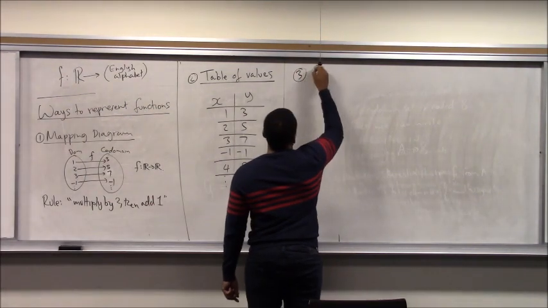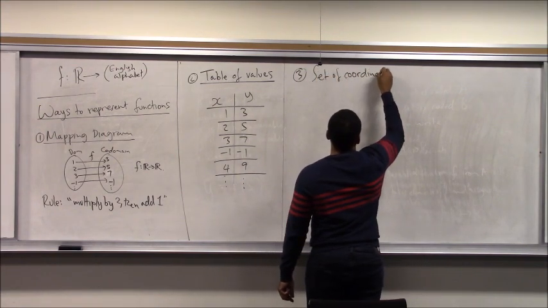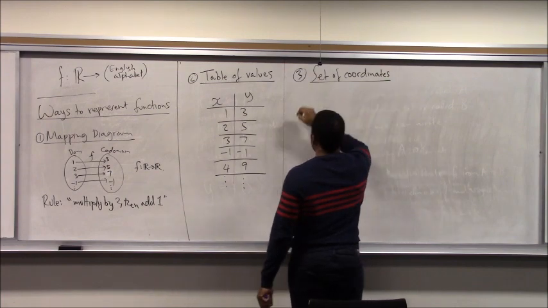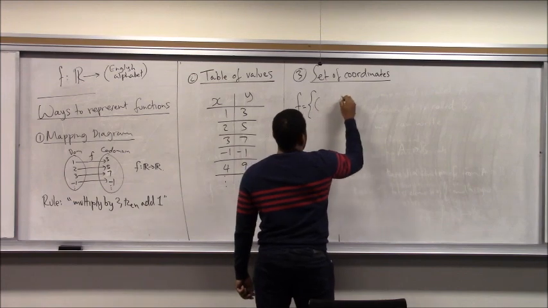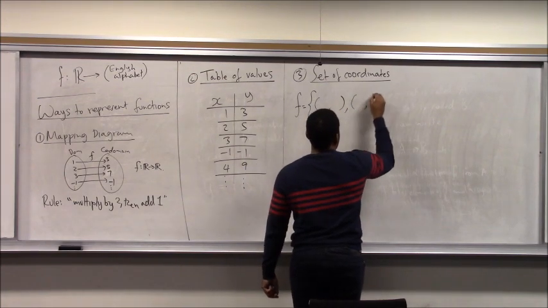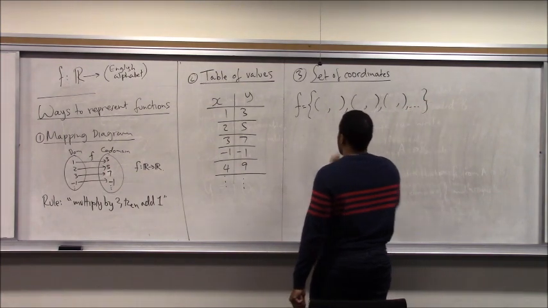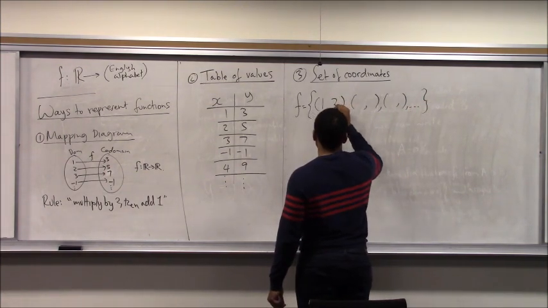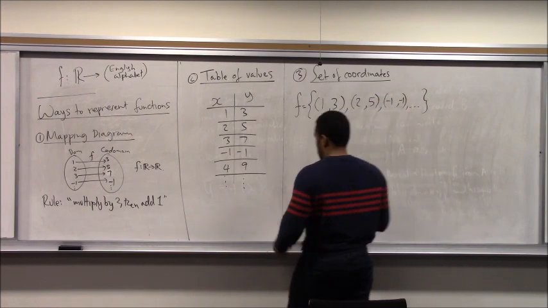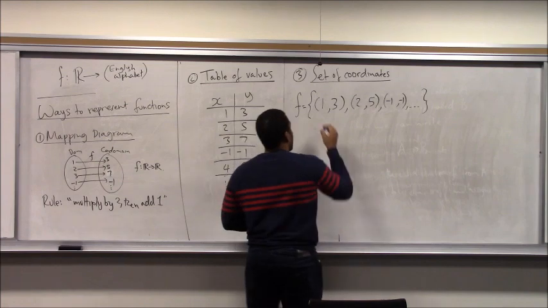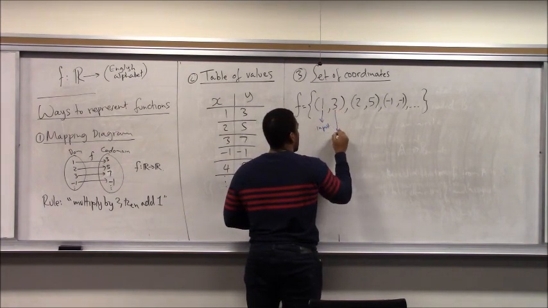Three, you can talk about a set of coordinates. That's another way you can see functions expressed often. So you might see f is equal to a set of coordinates. So you'd say 1 would go to 3, 2 would go to 5, minus 1 goes to minus 1. Here you put the input, and here is the corresponding output.